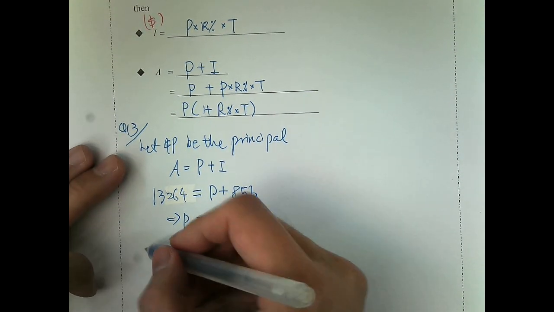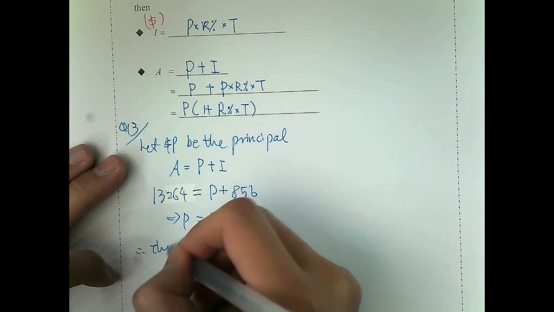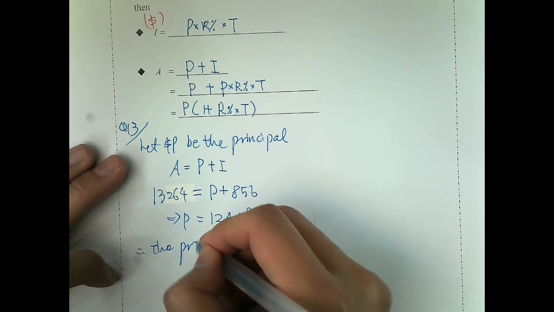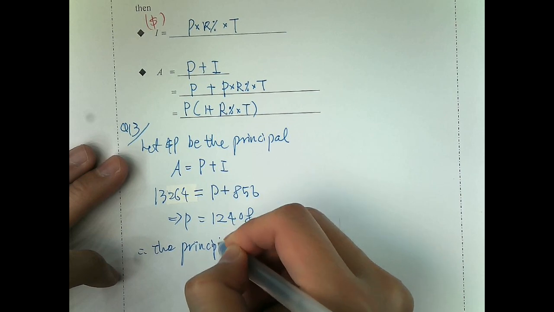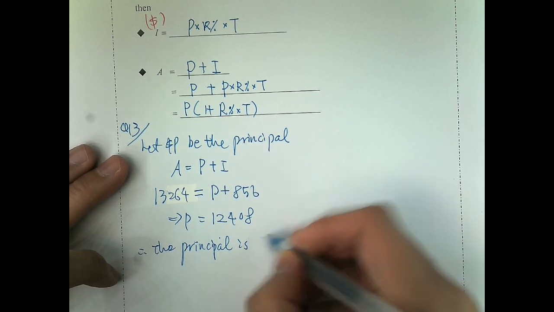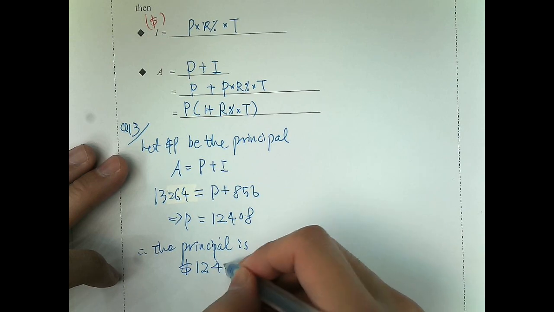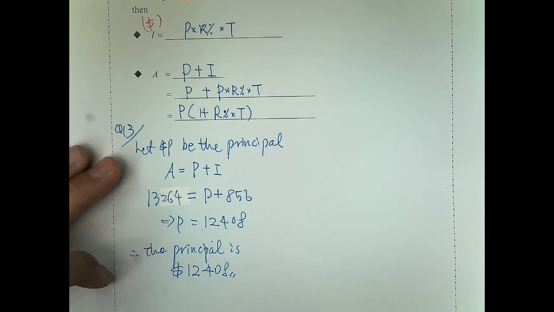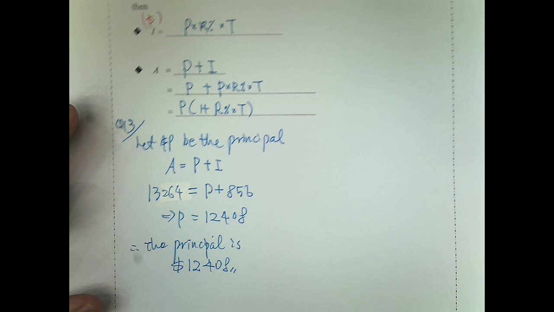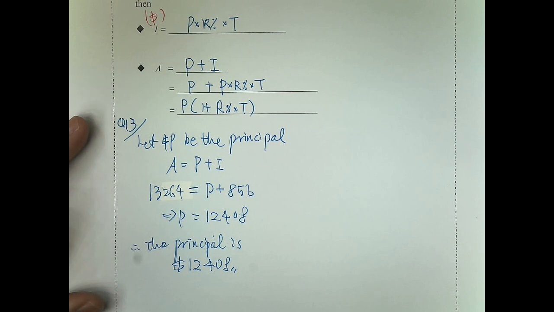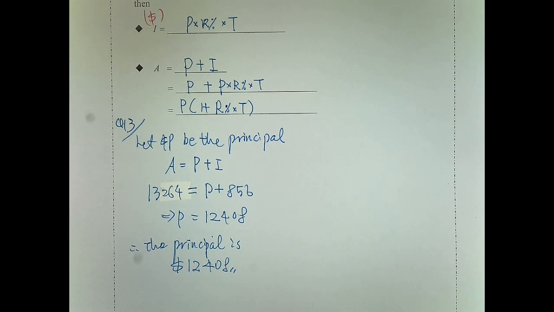You have to make a conclusion. So the principal is this, okay? 12,408, understand? So it's quite easy. It's okay? So I want you to do question 12 and question 14 first. You do it now.